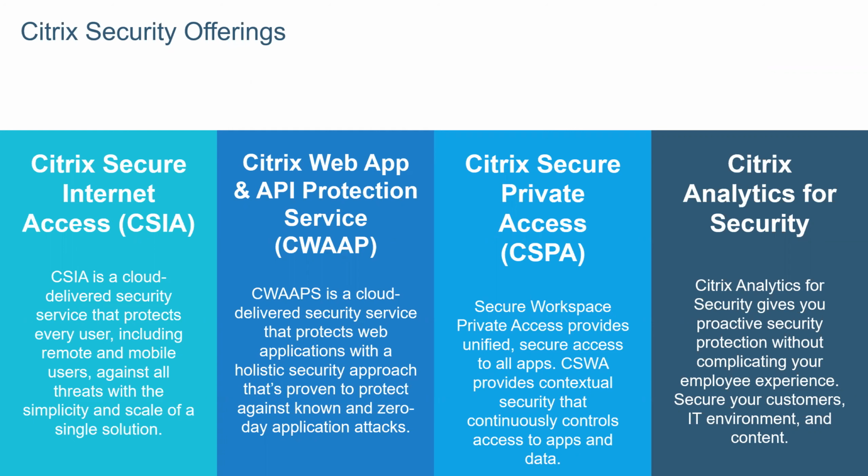The Citrix web app and API protection service, for example, if you're already using WAF policies on your NetScaler, is something that is going to replace that. So if you don't want to move that to a service, you wouldn't really need to take advantage of it. But Citrix Secure Private Access is a great solution for not only your workspace users, but also your VPN users, to provide that contextual access across all of your user types.